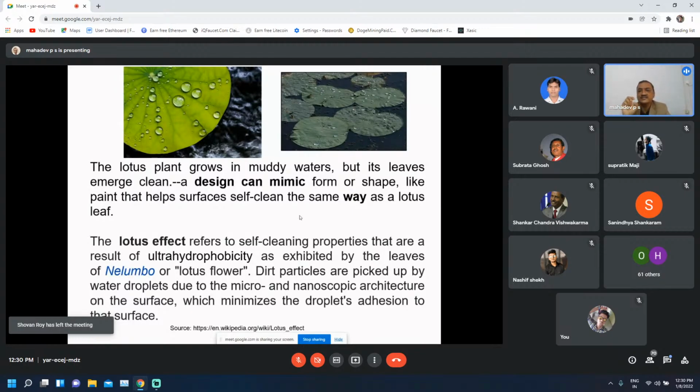The dirt particles are picked up by the water droplets due to the micro and nanoscopic architecture on the surface of the leaf. This lotus leaf has a different texture structure. The water droplets falling on the leaves pick up the dirt, which minimizes droplet adhesion to the leaf surface. Thereby, the leaf is left clean and green. So this is the lotus effect, a very interesting one.